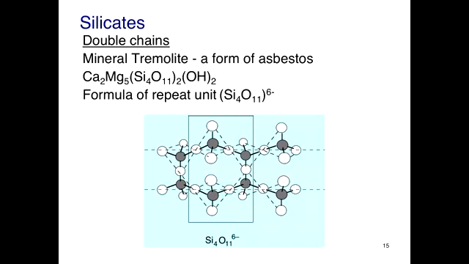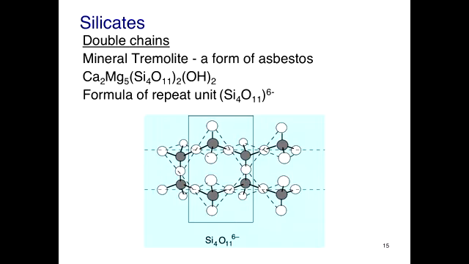So, how many silicons? 1, 2, 3, 4. So it's Si4. How many oxygens? 1, 2, 3, 4, 5, 6, 7, 8, 9, 10, 11. So Si4O11. What about the charge?